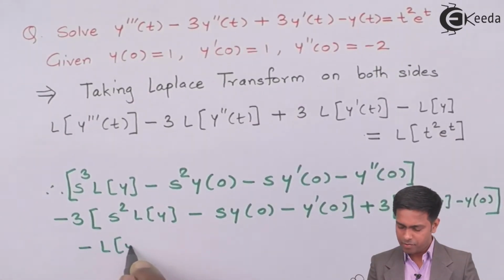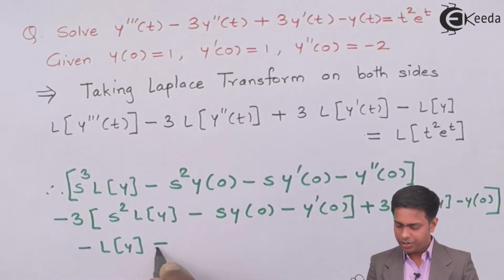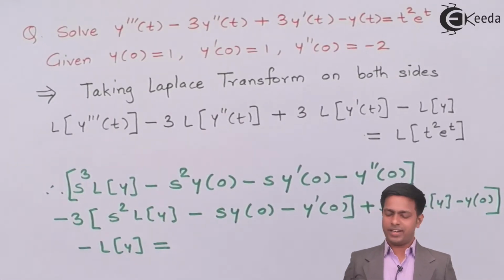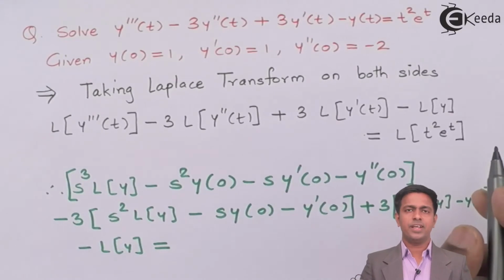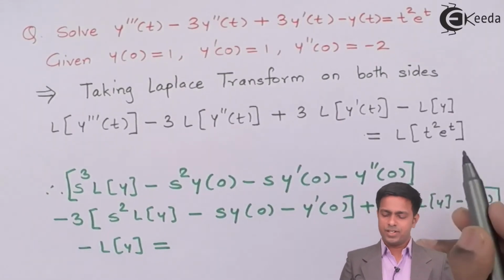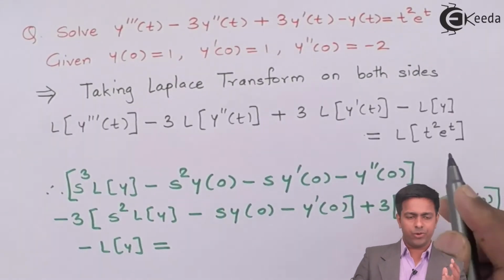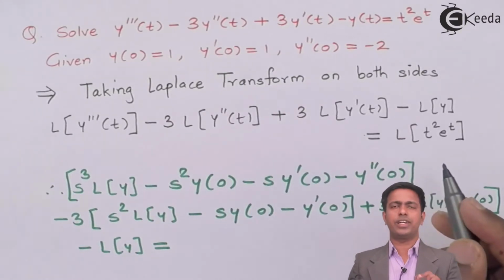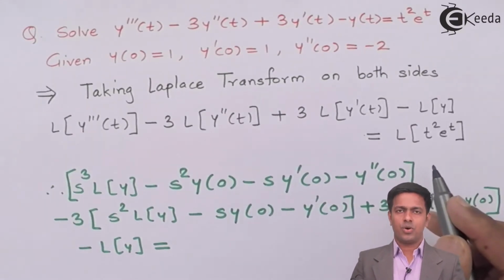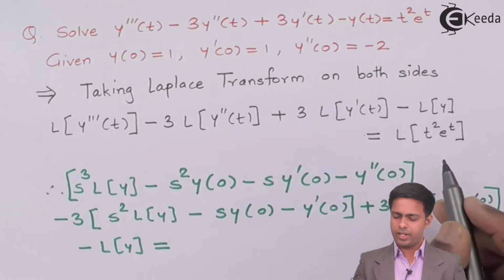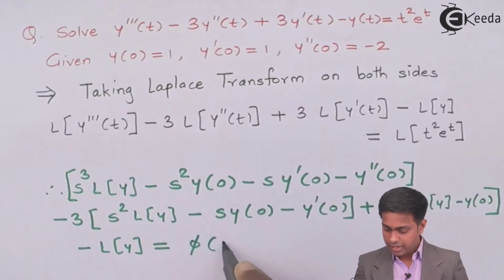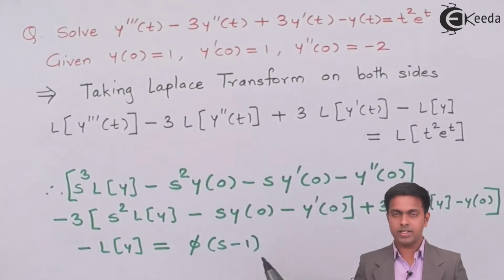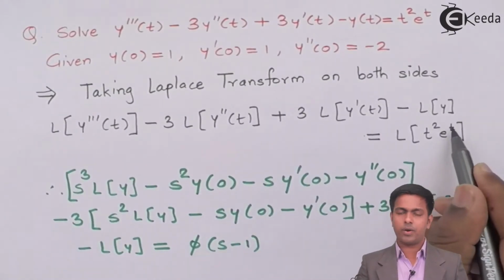So Laplace transform of y equal to, now to get the Laplace transform of this function, I'm going to use a property, that is the first shifting property. Let's assume this as e to the power t into t square. According to the first shifting property, the answer will be phi of s minus 1, since that is e to the power 1t.